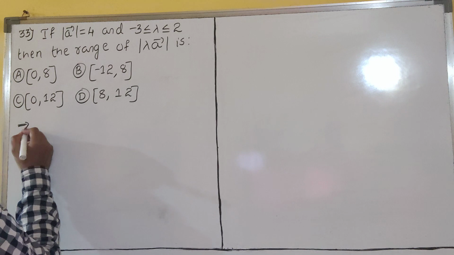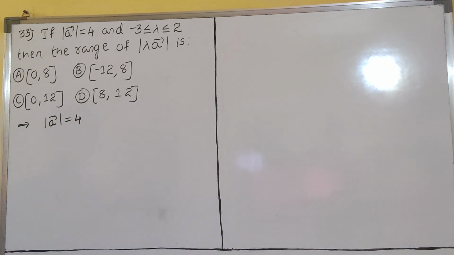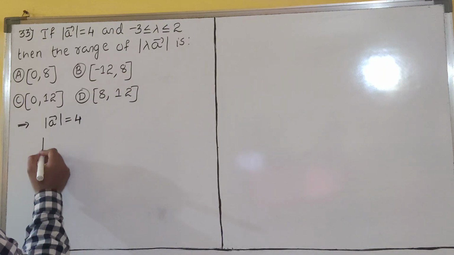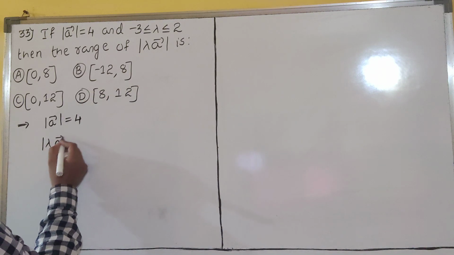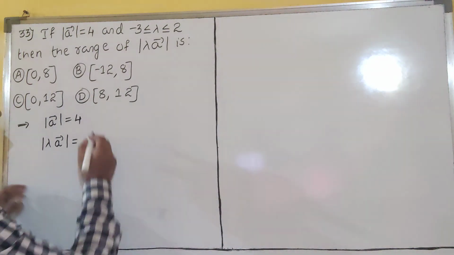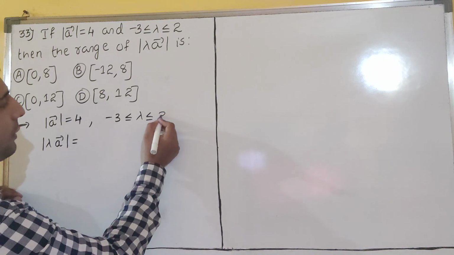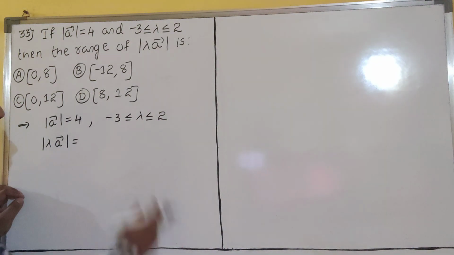Very good question. So the magnitude of A is given as 4, dear students. This is very clear. So I have to find this one: the magnitude of λ into vector A. This you have to understand very clearly. And the λ value is lying between minus 3 to 2, dear students, including minus 3 and 2.